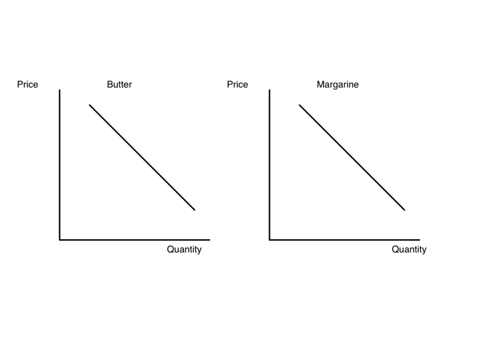let's examine how this particular determinant of demand would work. We have two goods, butter and margarine. They are, as we said, substitutes.